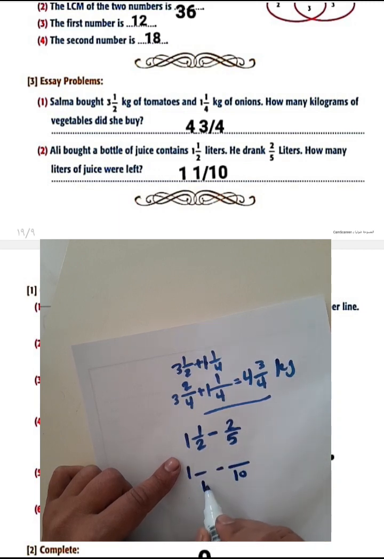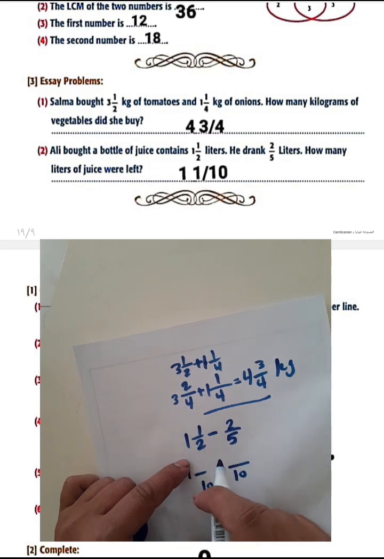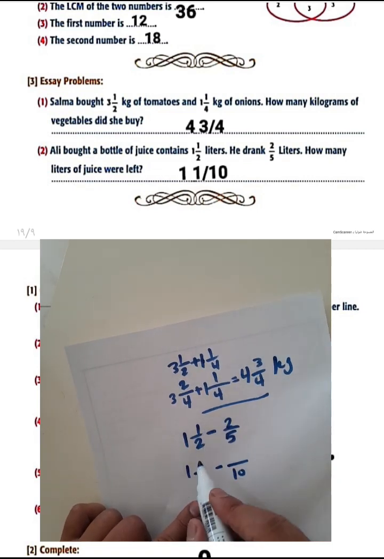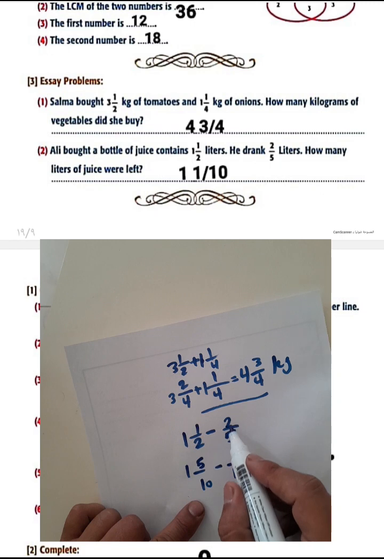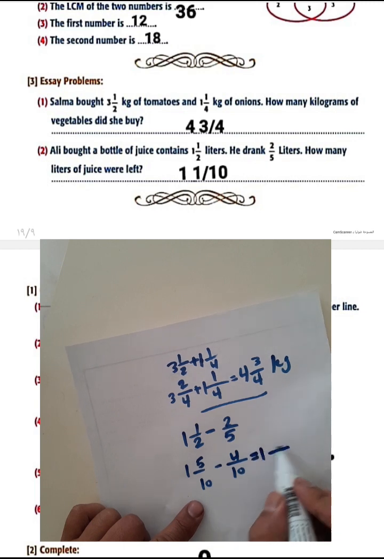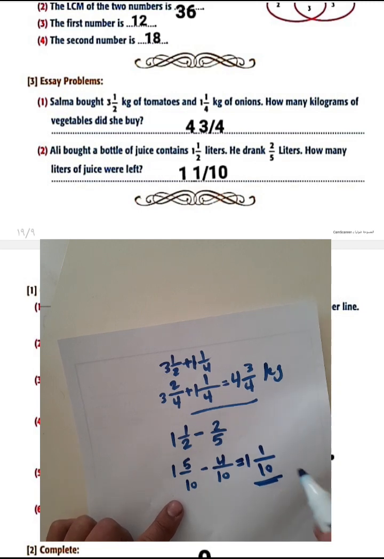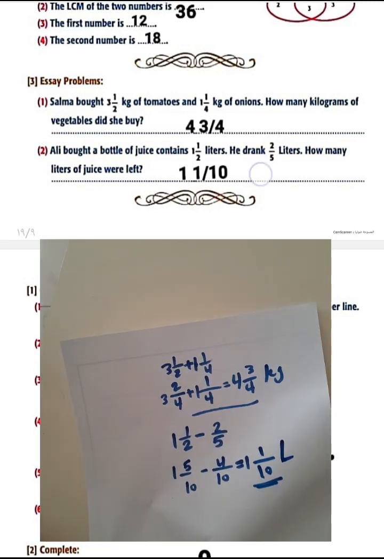It will be 10. 2 and 5, we call them relatively prime numbers. 2 times 5 equals 10. And 5 times 1 equals 5. 2 times 2 equals 4. We can write 1 here, and 5 minus 4 equals 1, and write 10 in the denominator. Then the result will be 1 and 1/10 liters.